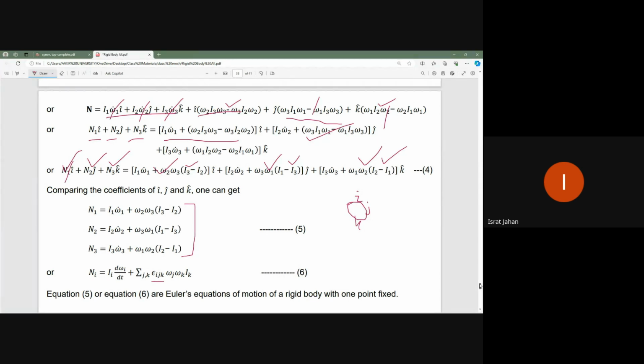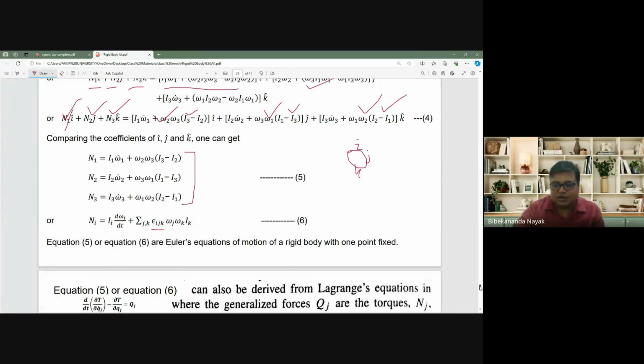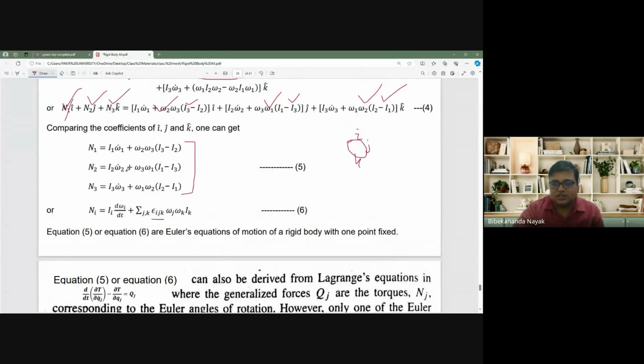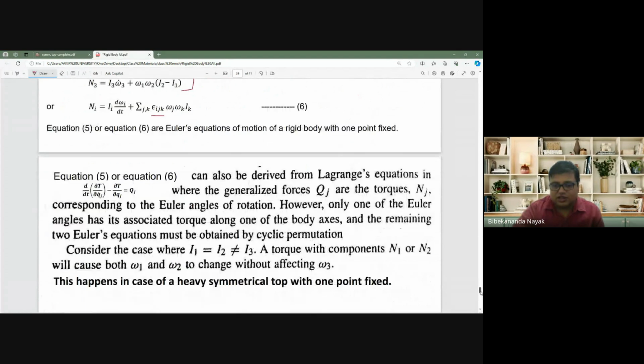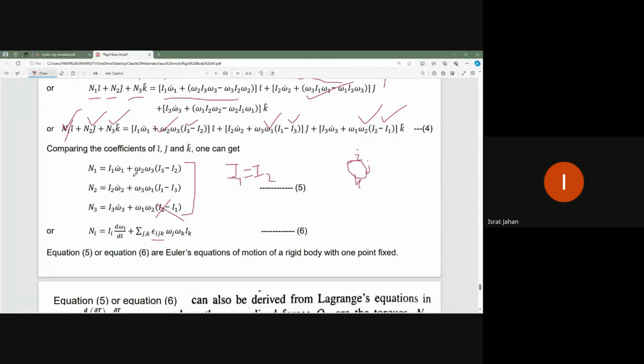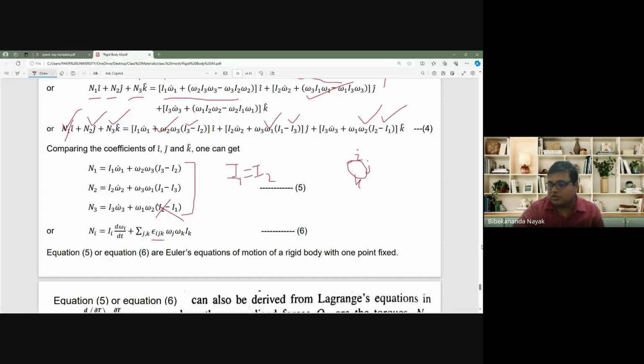And next one is your heavy symmetrical top. What is in your syllabus? This is a symmetric body. Symmetric body means two moments of inertia are the same. It is symmetric about one axis. Generally, a rigid body where symmetric, I1 is equal to I3 and is not equal to I2. Say it is symmetric about, I1 is equal to I2. If I1 is equal to I2, then this term becomes 0, and it becomes simpler about the axis.